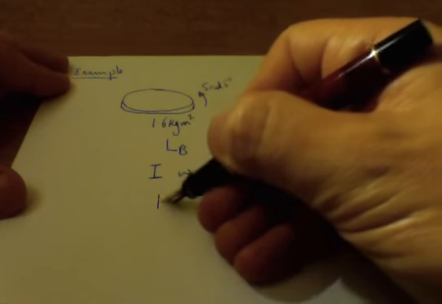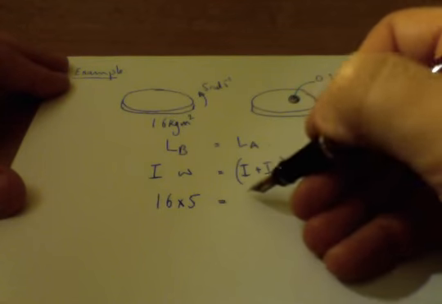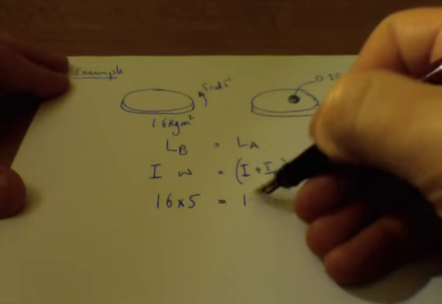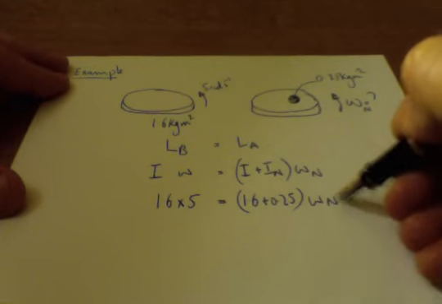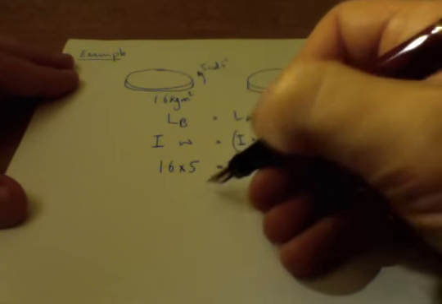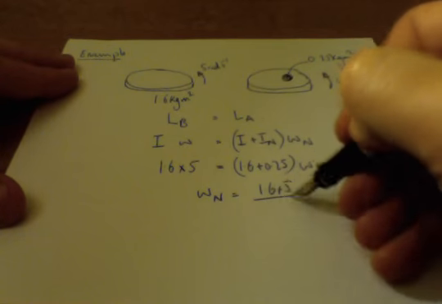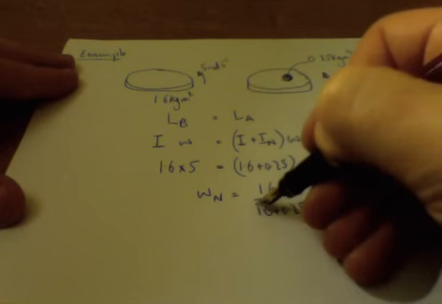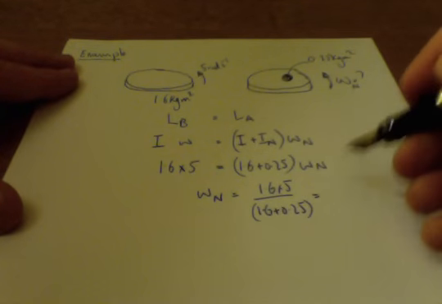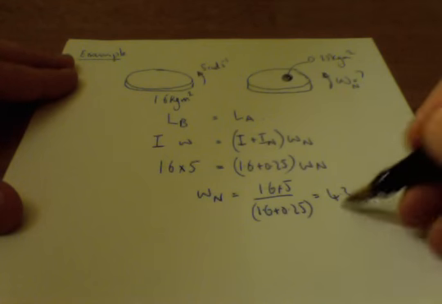Let's plug in what we know. 1.6 times 5 gives us 1.6 plus 0.25 times omega nu. Omega nu is going to be 1.6 times 5 over 1.6 plus 0.25. We know it's going to be smaller because this has been introduced, and that gives us a value of 4.3 rads per second.